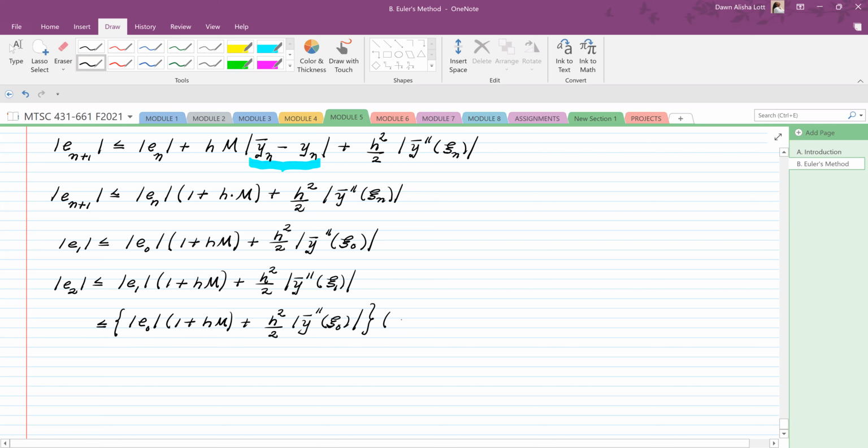But that's still less than or equal to 1 plus hM plus h squared over 2 the norm of Y double prime at C1, where I'm going to define the max over 0 to n of the absolute value of Y bar double prime of Cn to be less than or equal to the infinity norm of Y bar double prime.